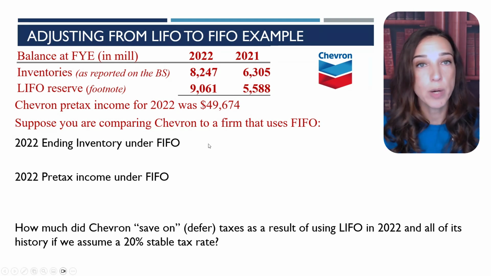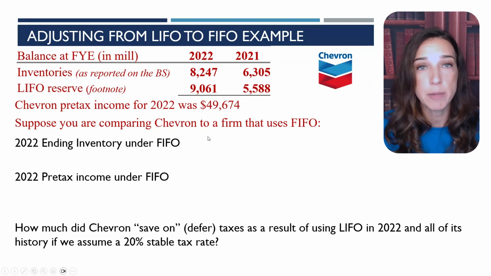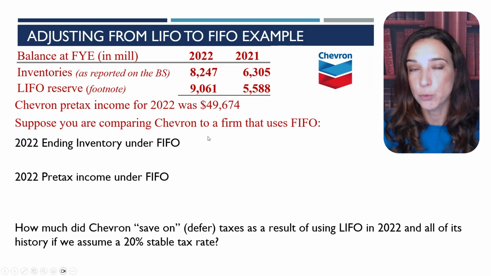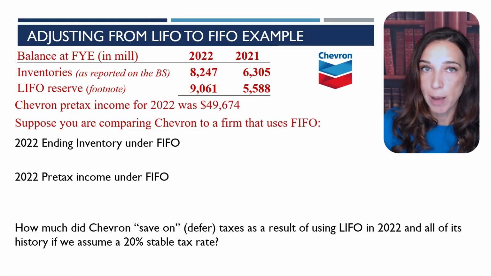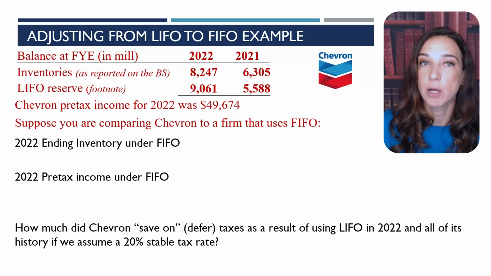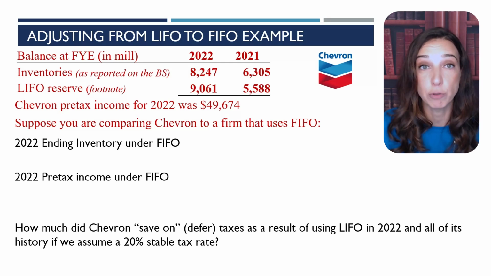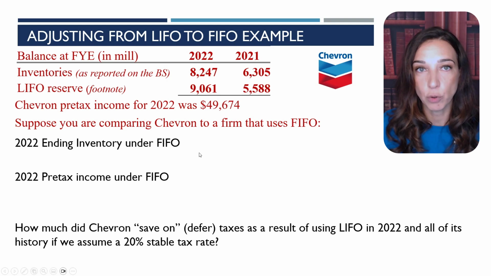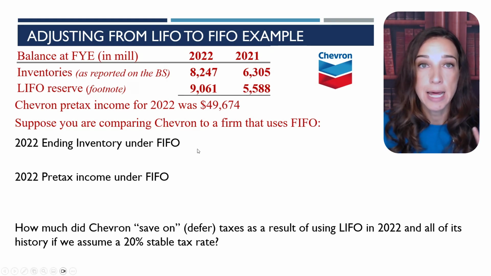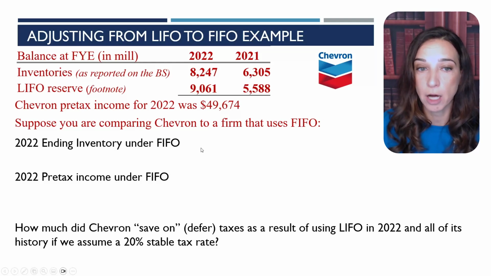And let's suppose we're comparing Chevron to a European firm that does not use LIFO, that only uses FIFO, and we want to make it apples to apples. So we need to convert to how Chevron would have looked if they were a FIFO firm in 2022. For the ending inventory, if we're doing something like the inventory turnover ratio, we need the balance sheet number of the asset inventory, how it would have looked under FIFO.